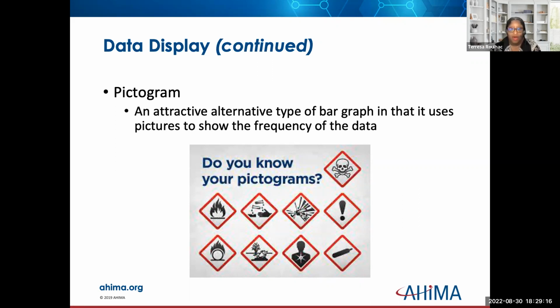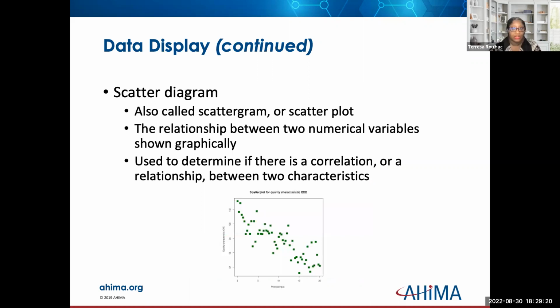Next, we look at our scatter diagram or scatter plot. Now, a scatter diagram is used to examine the relationship between the X and Y axis variables. In the graph, if the variables are correlated, then the points drop along a curve or a line.